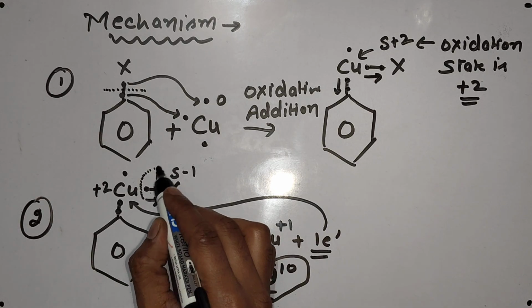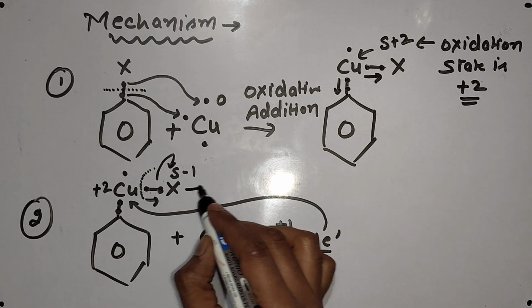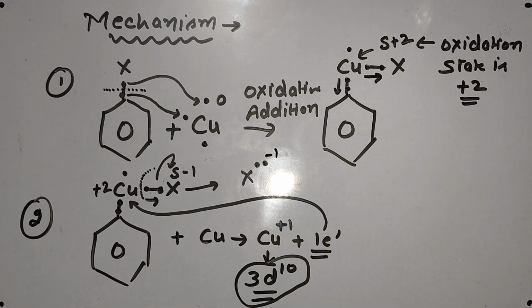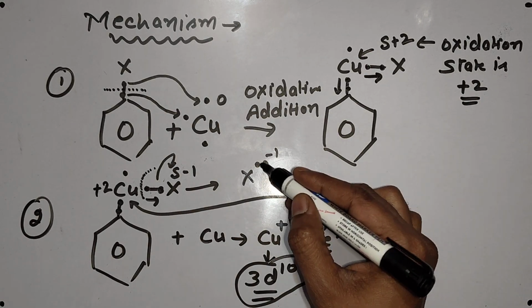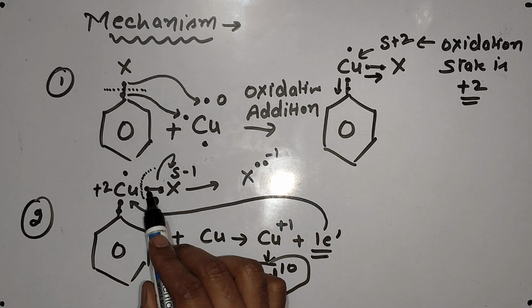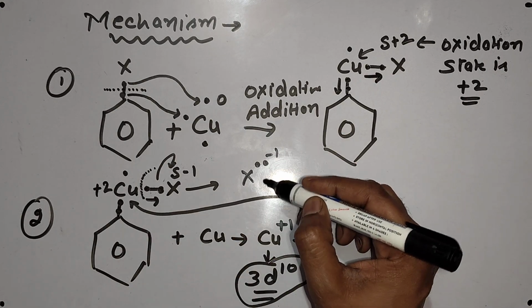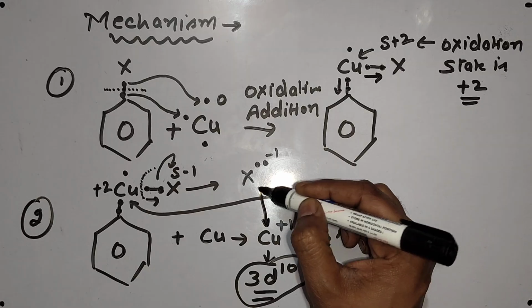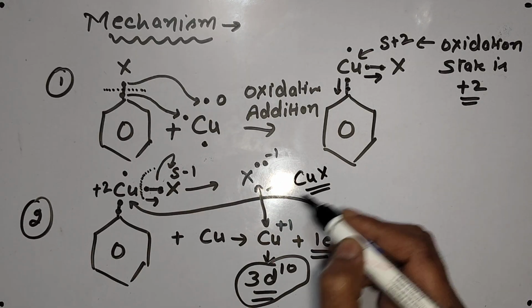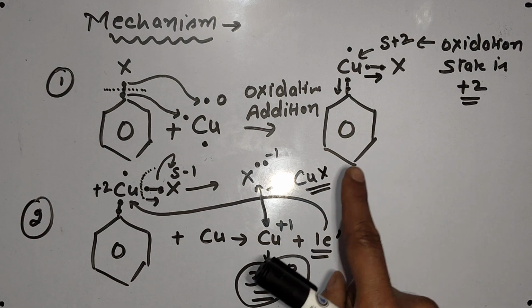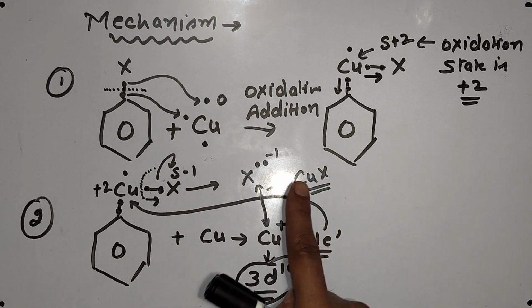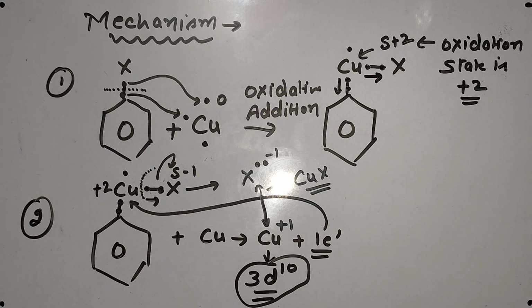Obviously X will get both electrons, due to which X will become a negative particle, a complete -1 charge, because it got 1 electron from copper completely toward itself. This -1 and this +1 will combine to create CuX. In the balanced chemical equation, 2 CuX were generated. Out of 2, 1 is generated like this.